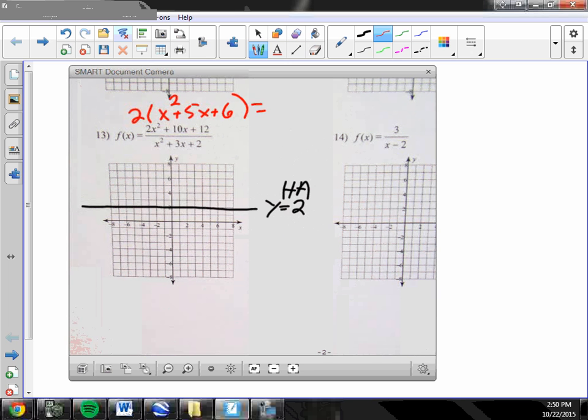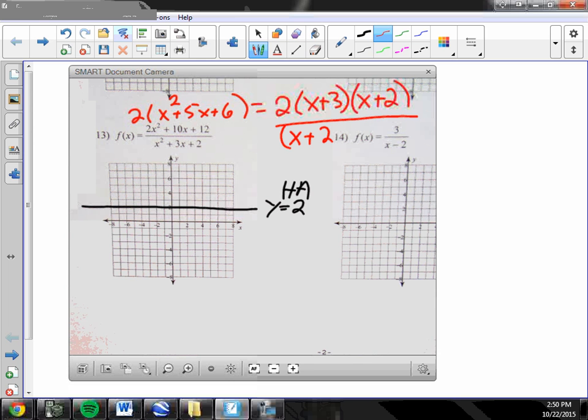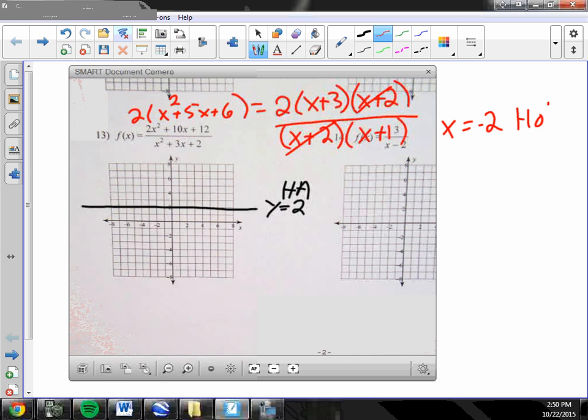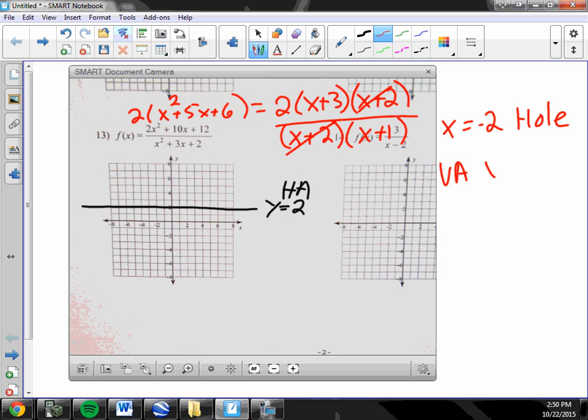That factors into x plus 3 and x plus 2. Does the denominator factor? x plus 2 and x plus 1. So those cancel, which means x equals negative 2 is a hole. And my vertical asymptote is found at x equals negative 1.